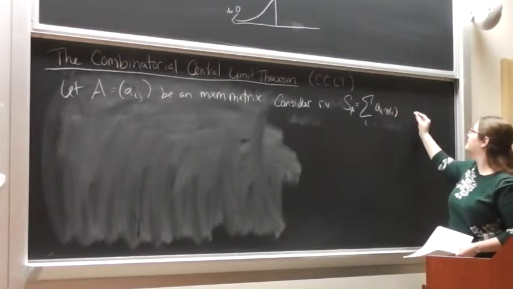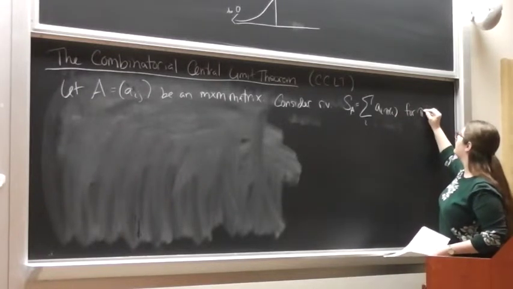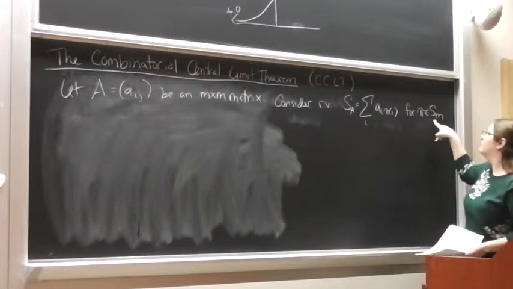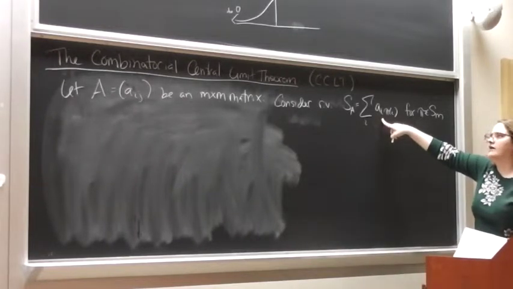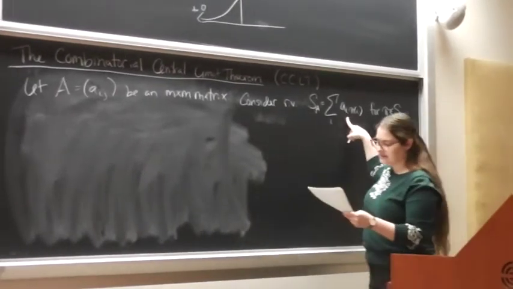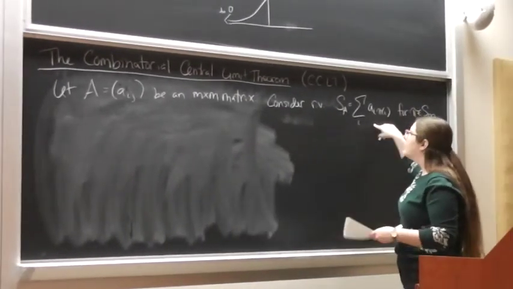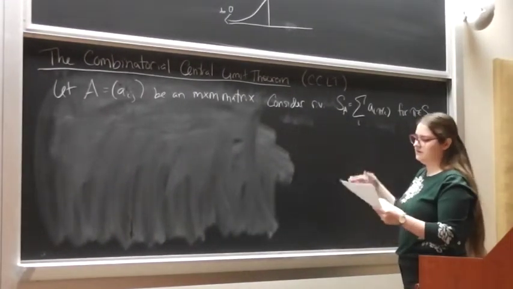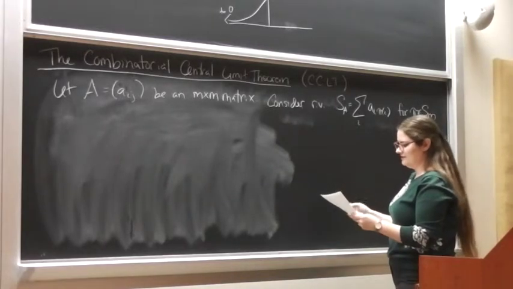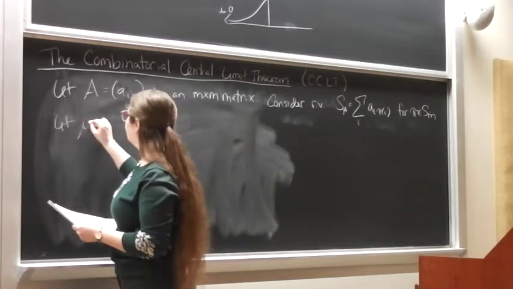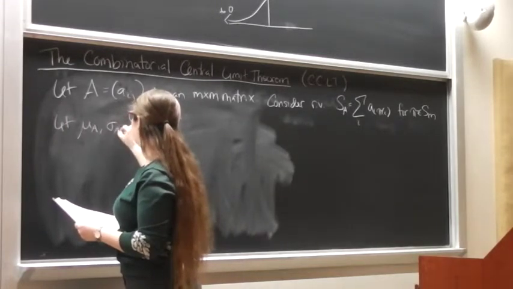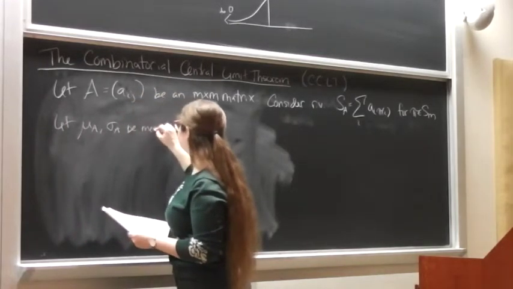So we're looking at some random determinant, picking a permutation in S_m uniformly at random, and then adding up all of the elements on that diagonal. Okay, and this is the variable that's going to be asymptotically normal once we have all of the little niggly notations down. Okay, so we're going to have mu A and sigma A be the mean and standard deviation.